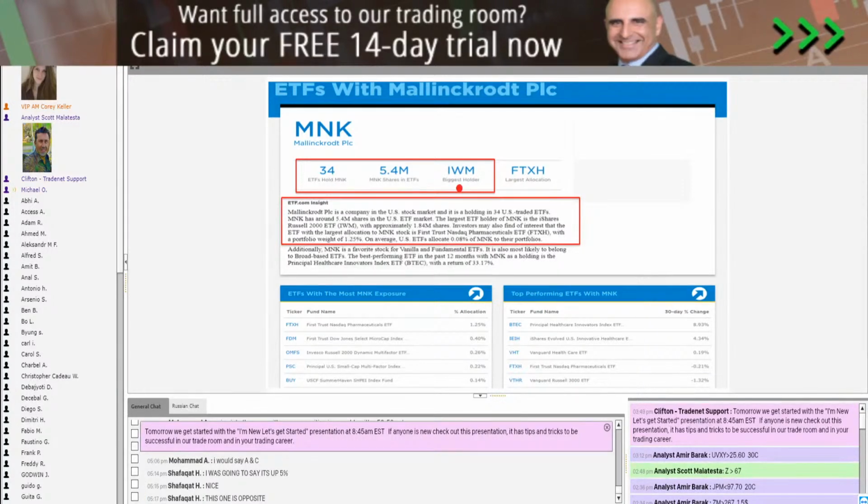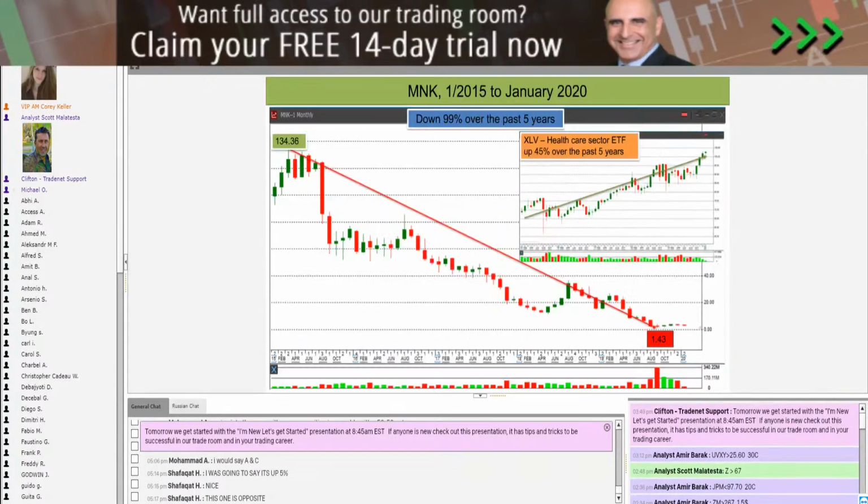Yeah, this one is totally the opposite. 5.4 million shares are in ETFs. 34 ETFs are holding it. You know already what's coming. When only 5.4 million shares are in ETFs, and this is not an IPO, you know that something bad is coming.